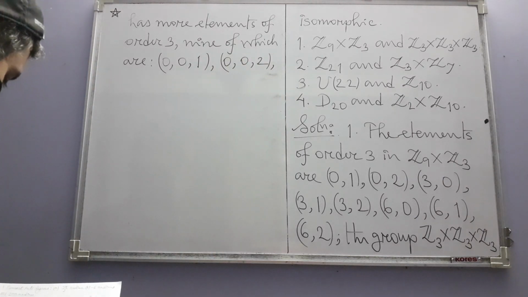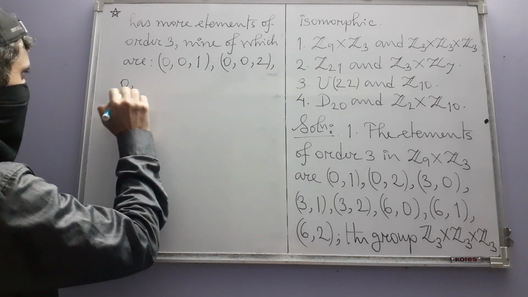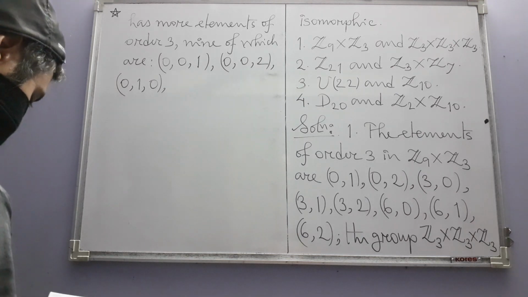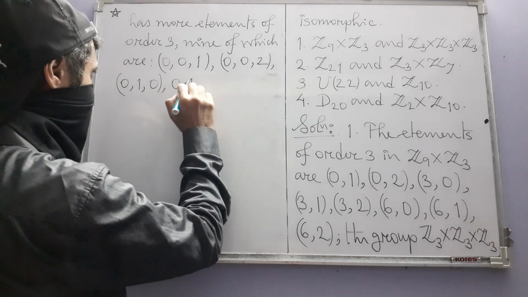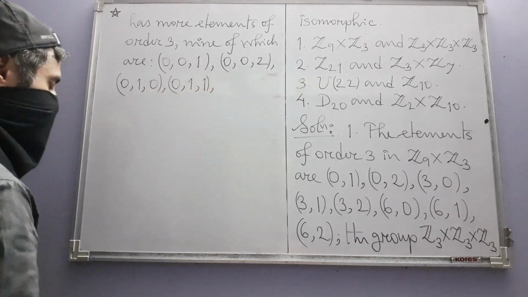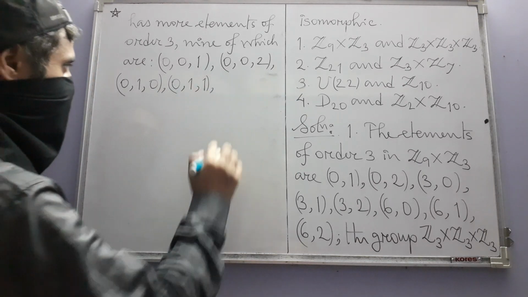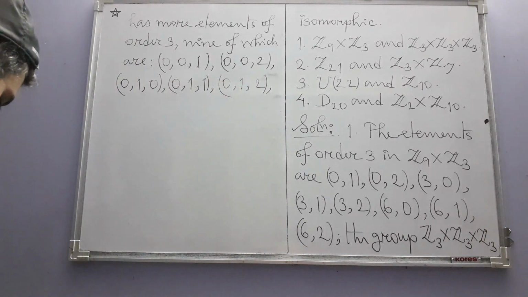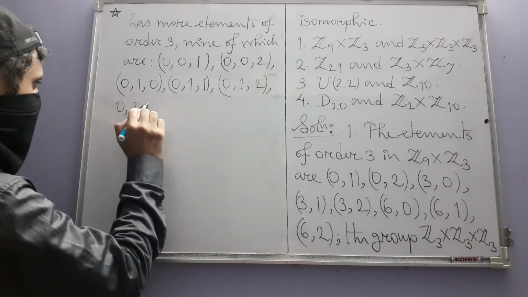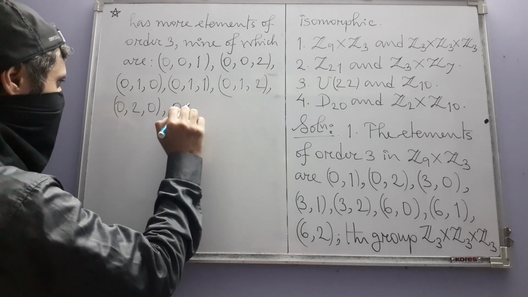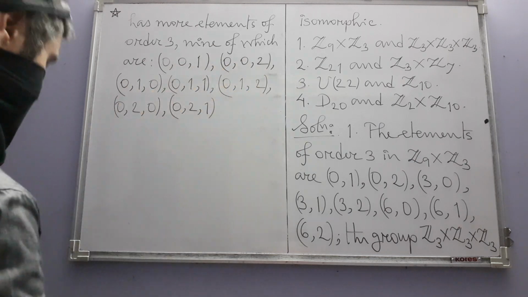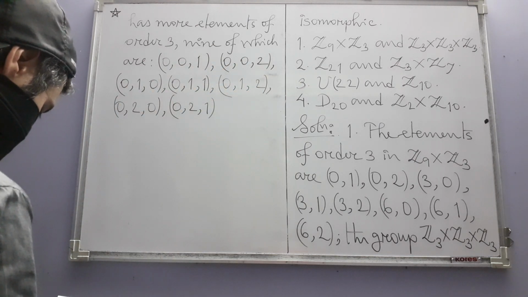0, 0, 1, 0, 0, 2, 0, 1, 0, then 0, 1, 1, then 0, 1, 2, 0, 2, 0, 0, 2, 1. 1, 2, 3, 4, 5, 6, 7. We have written only 7.